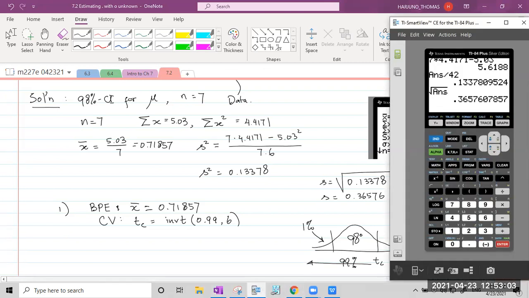Okay, then you use your calculator, you do inverse T, area to the left, 0.99, degree of freedom is 6, not 7. 3.14267.